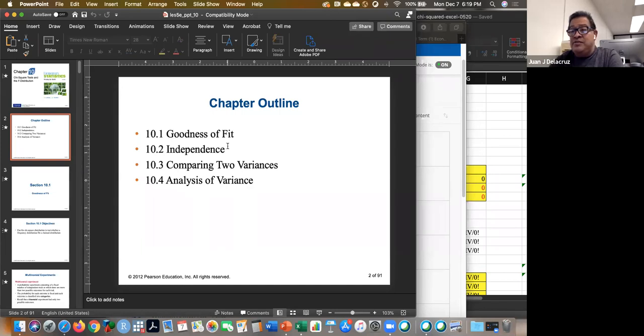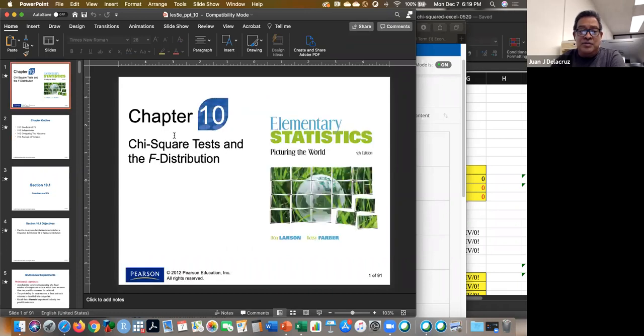This chi-square distribution, you're going to find it everywhere in your computations. Next semester, you are taking econometrics, and every time you run a regression, the chi-square distribution probably will show up. Also, something that you have to keep an eye on is the F distribution. We don't have enough time to go through it, but this is also a very important distribution that is going to be useful when we are using many variables.